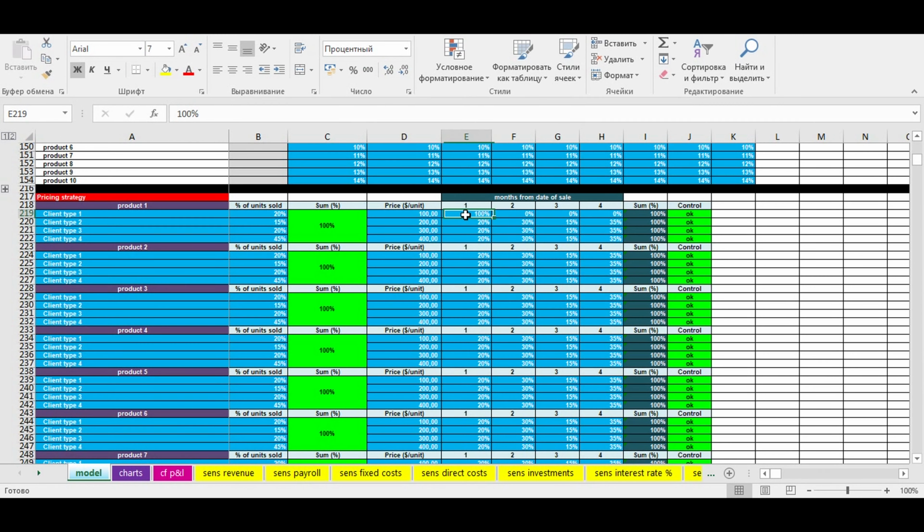If we sell it in this month but get all the money in the next month, we put 0 here and 100% here. Here we can construct any payment algorithm. If we set up more or less than 100%, we'll get a mistake alert.